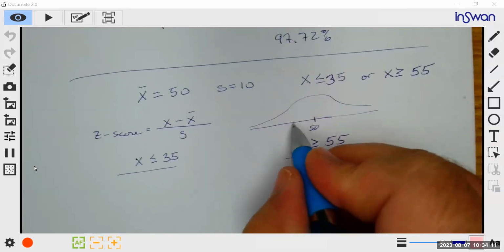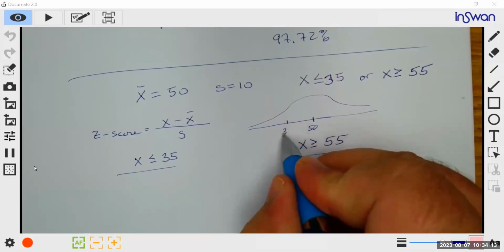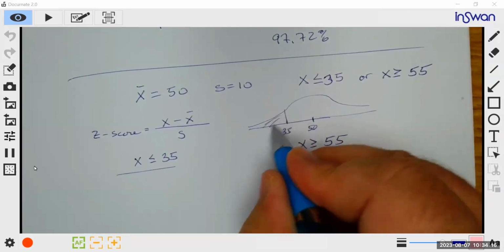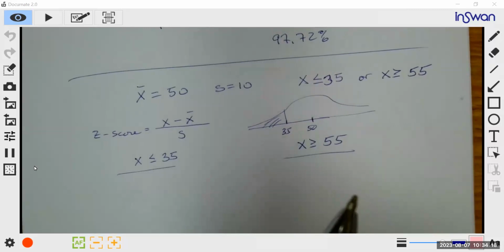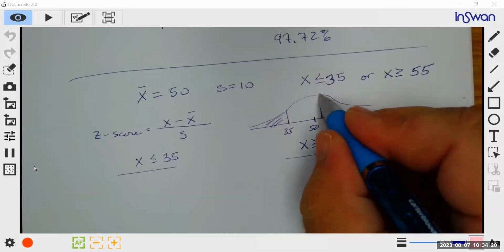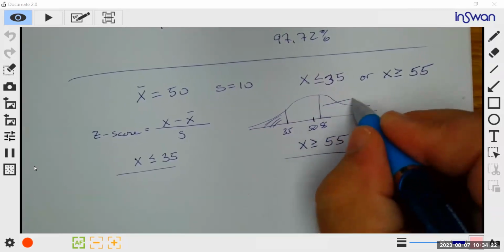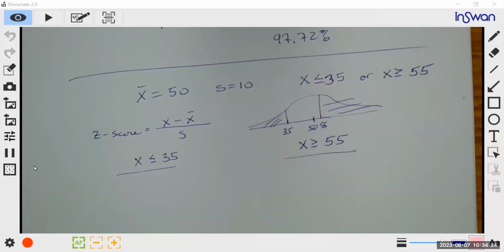We want less than 35, so that's this area. Or we want greater than 55, that's this area. We want the sum of those two areas. And you're right, you can use a negative chart for both of these.